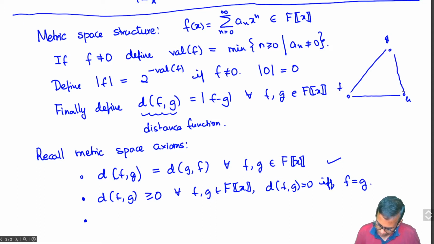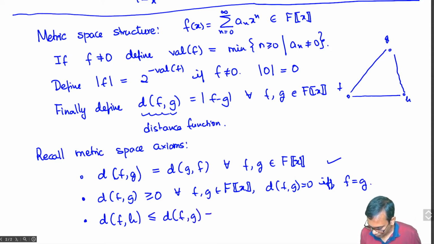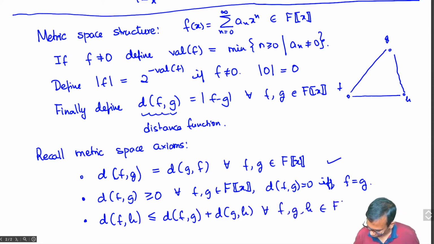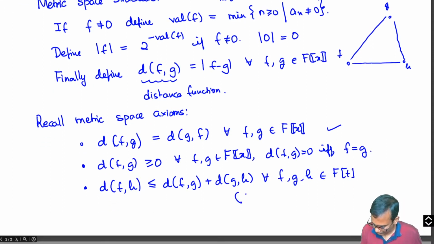So it says that for all f, g, h, d(f,h) is less than or equal to d(f,g) plus d(g,h). And this is called the triangle inequality.